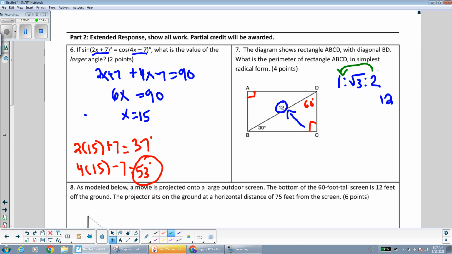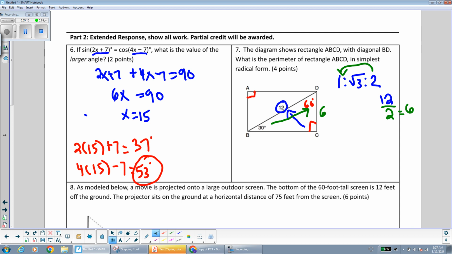In order to get from the biggest side to the smallest side, that is a 2-to-1 ratio. So we're going to divide by 2 because we're going smaller. So 12 divided by 2 is 6. So the smallest side, which would be found across from the smallest angle, across from the 30-degree angle, is 6.